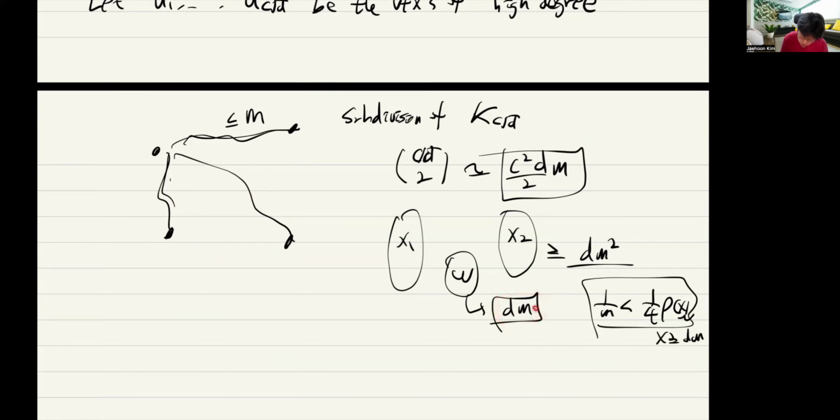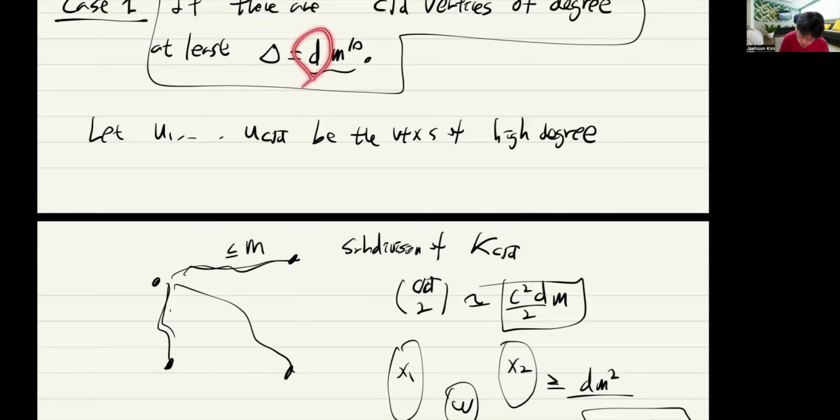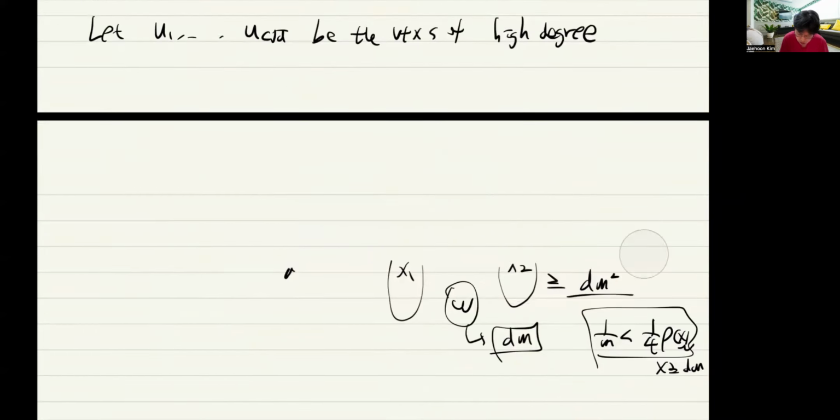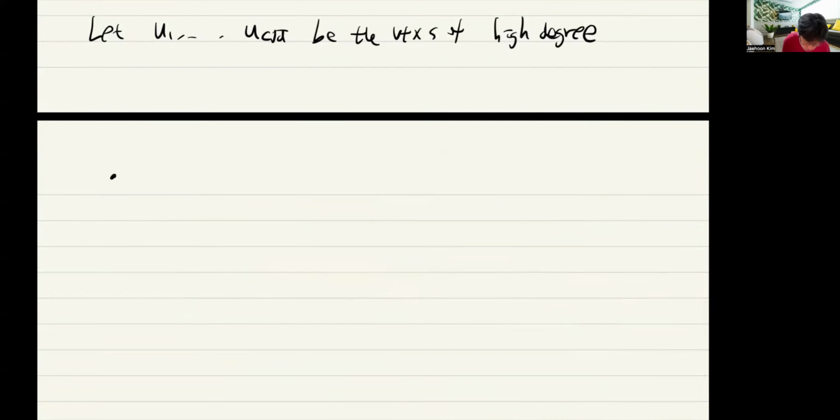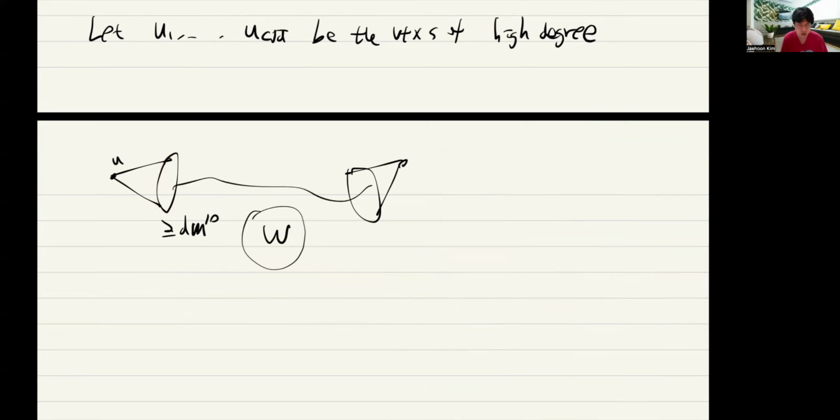So this has one smaller exponent than the size of x, which would be enough to avoid this and then connect. So here, that's where it comes from. So this number is much bigger than this, right? If these vertices have a high degree, and you just take a vertex and its neighborhood, and this neighborhood has size at least D times M to the 10, that's already high enough so that no matter what W is here, you can connect them as long as this is small.